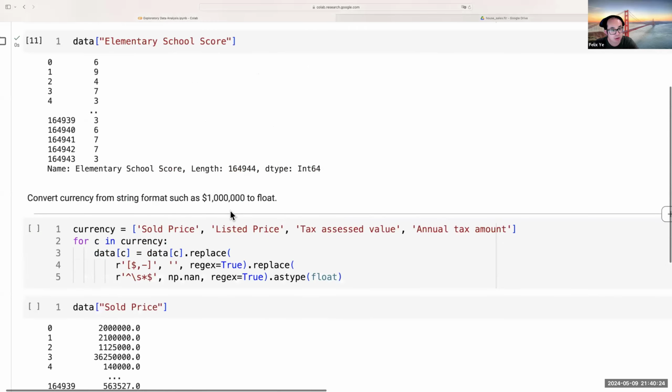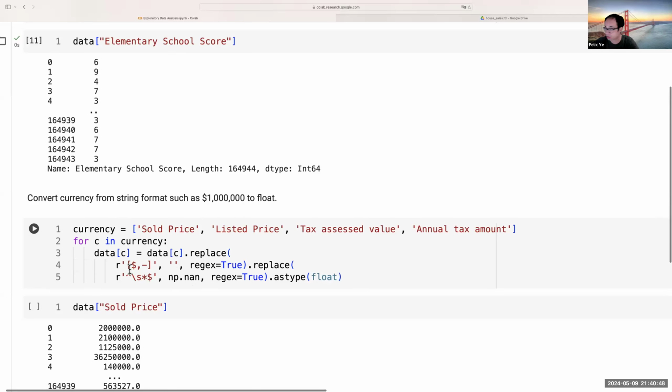The way this has to be done is, all these price, tax assessed values, and tax amount fields always have a dollar sign and always have a comma. So what you're going to do is replace those dollar signs with empty, and remove all these commas, replacing them with empty.